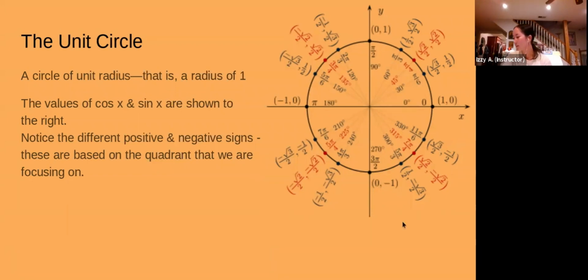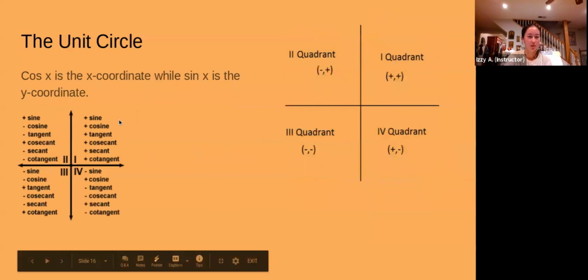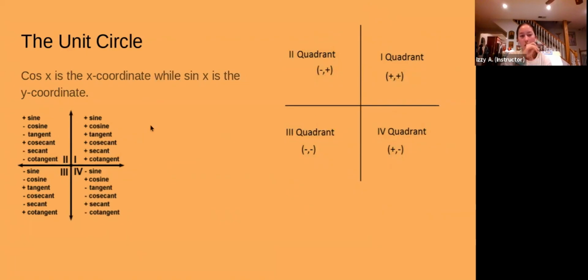Okay, so we can go on to the next slide, which talks about the different sign values, or the different positive and negative values for the x and y coordinates, or cosine and sine.